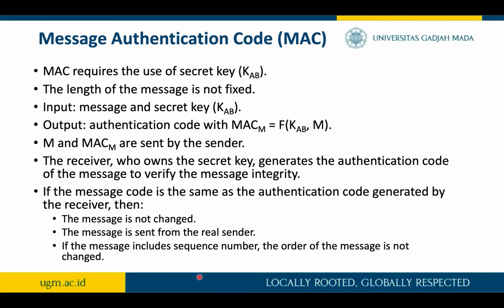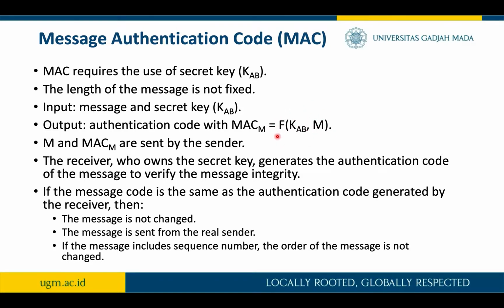The length of the message here is not fixed, so it can be of variable length. The input here then is the message itself and the secret key. We can call it K. And the output is the authentication code, which is obtained using this function.